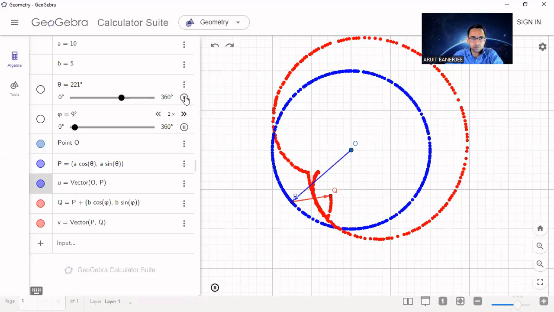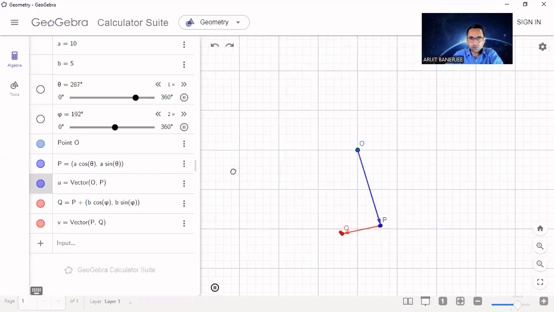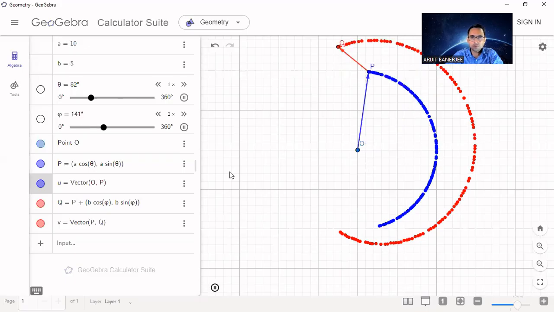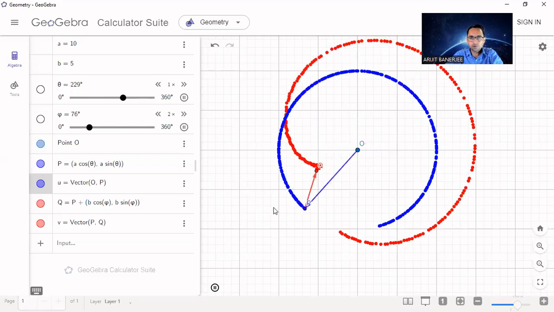Now, as you can see, these two are rotating. As I have said, 1x for theta and 2x for phi. So you can see a particular curve is being produced.